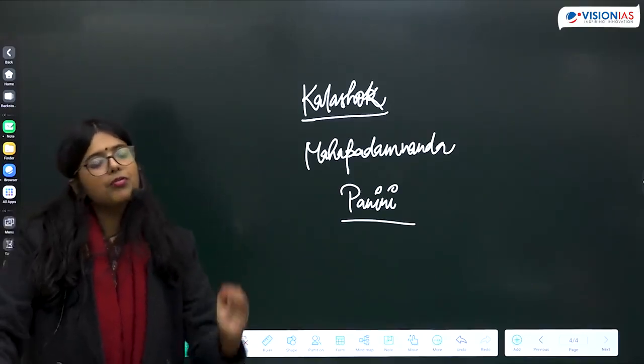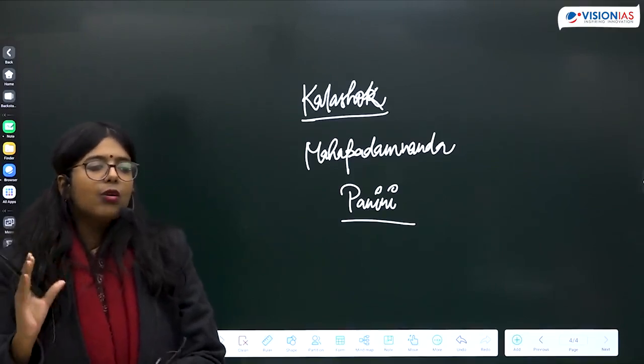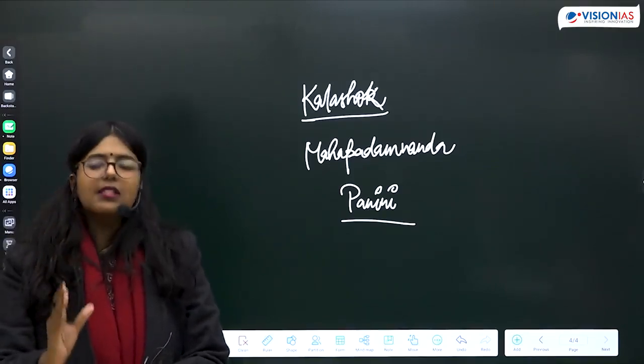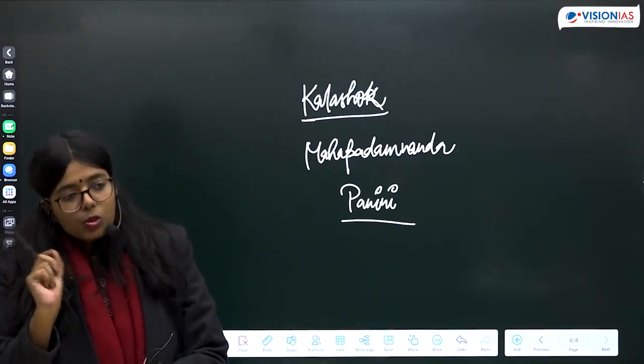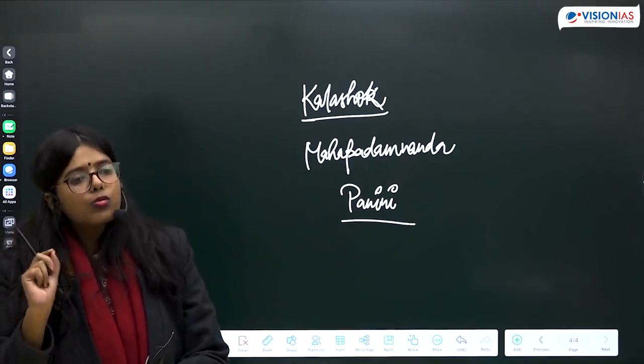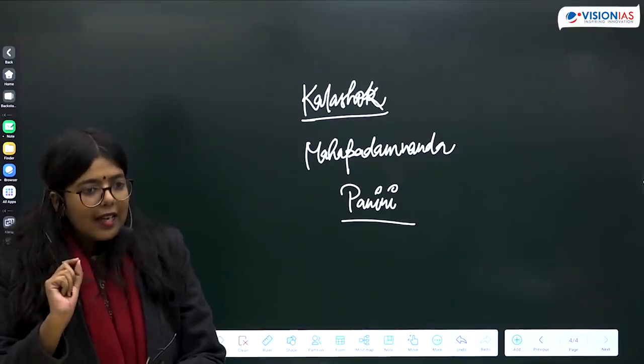So they are going to give you rules related to Sanskrit grammar, and then they are also going to compile all the Sanskrit words which were popular at that time. So these texts will also function as a dictionary, as a lexicon.